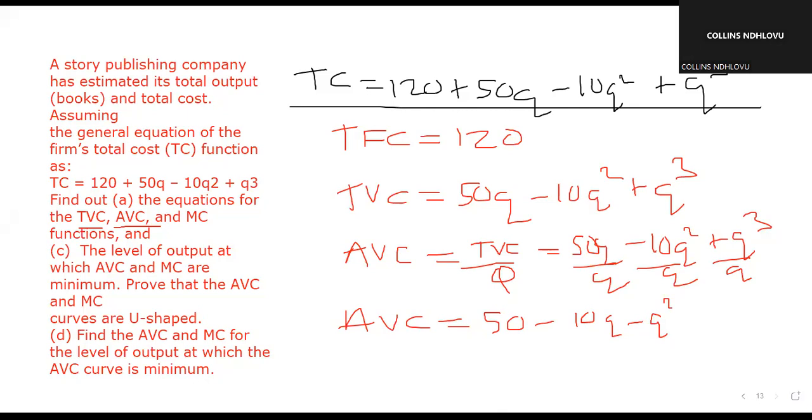Anyone lost so far? So total variable cost just ends on 50Q minus 10Q squared plus Q3. Yes, it's just that part as it is. Then fixed cost is this part.